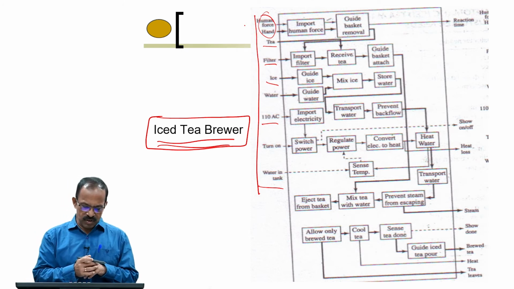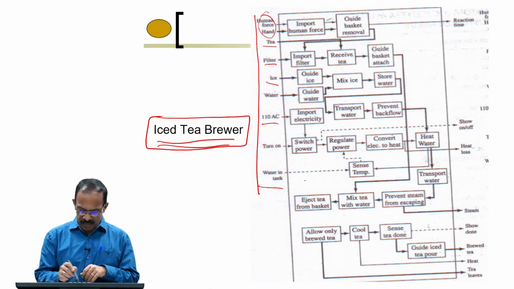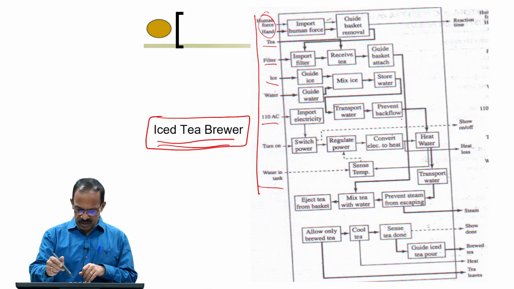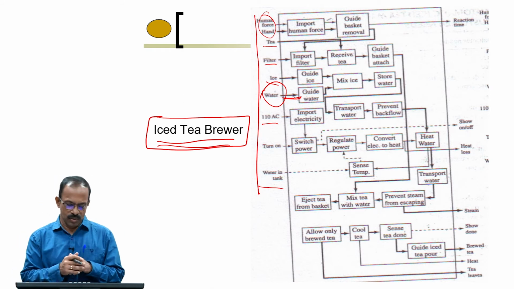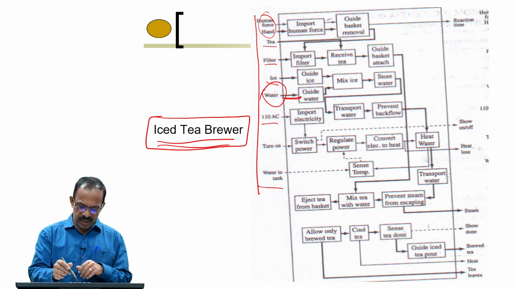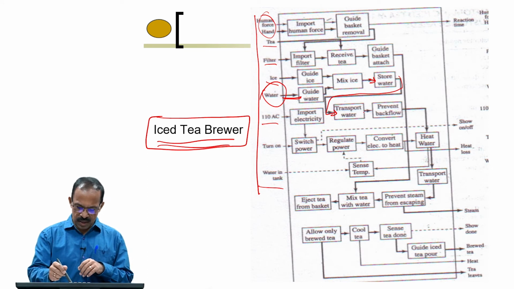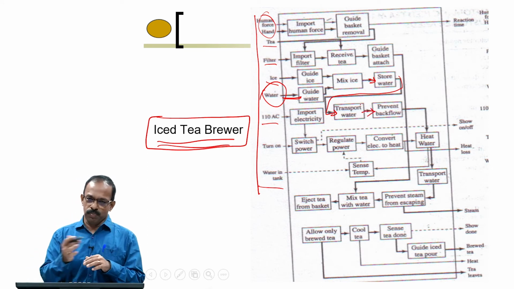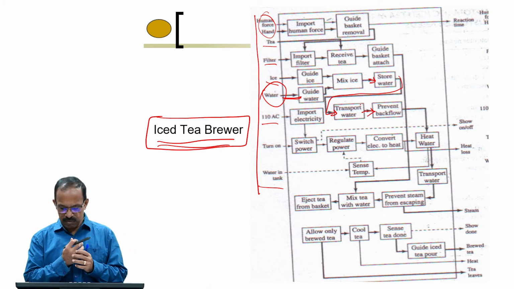Now, you can look at what is happening to water. You have the water in a tank, so this is the water. You need to guide the water to go somewhere, where it mixes with ice, then store the water and transport the water. While transporting, you need to prevent the backflow, so there should be some kind of valves to prevent backflow.